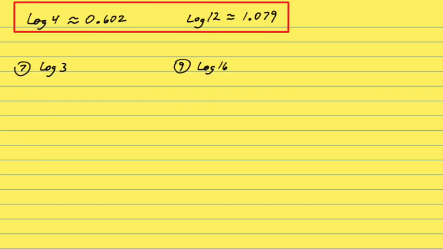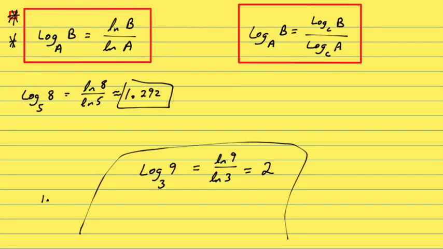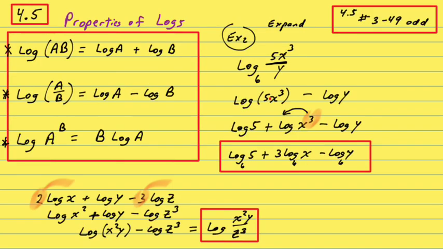Here they give you some values of log 4 and log 12, and they want you to use them to find log of 3. Well, what is 3? Is 3 12 divided by 4? Is that still 3? Could it be log of the top minus the log of the bottom using this middle property here?